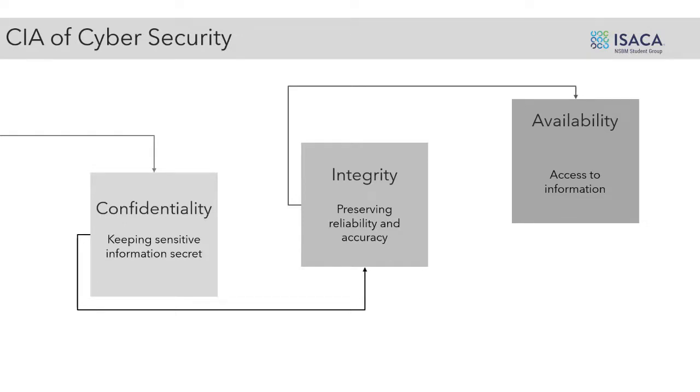The website will be down, it will affect your customers, and it will give your company a bad name. A DDoS attack is the best example of an availability threat. Very recently we saw lots of news sites go down because of certain issues in the hosting providers. So these are the three factors that we have.